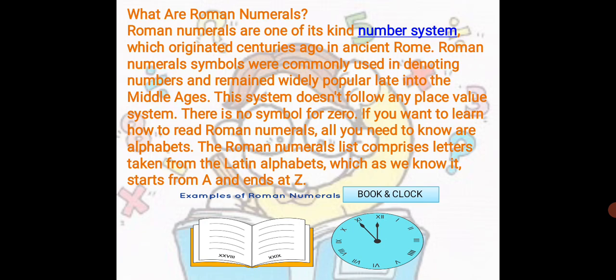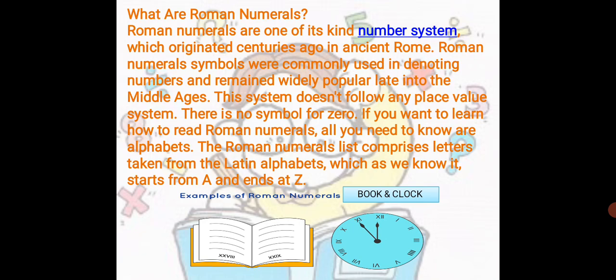So another point we come to know from here is that to understand the Roman number system, we have to memorize or learn a few English alphabets. Sorry, a few English alphabets. So, the basic core points of the Roman number system is some English alphabets.